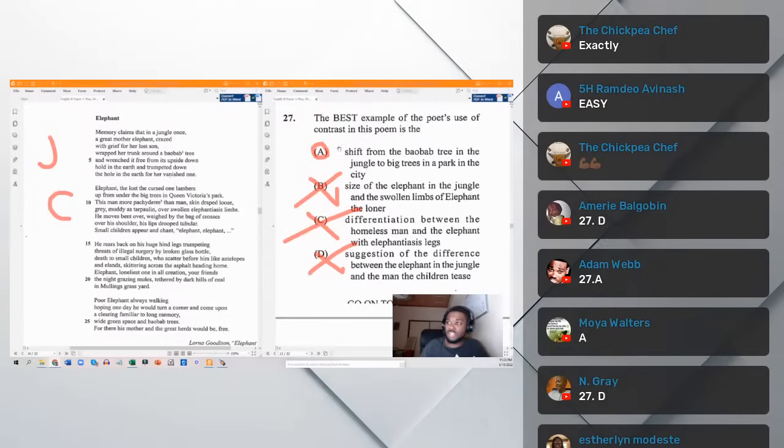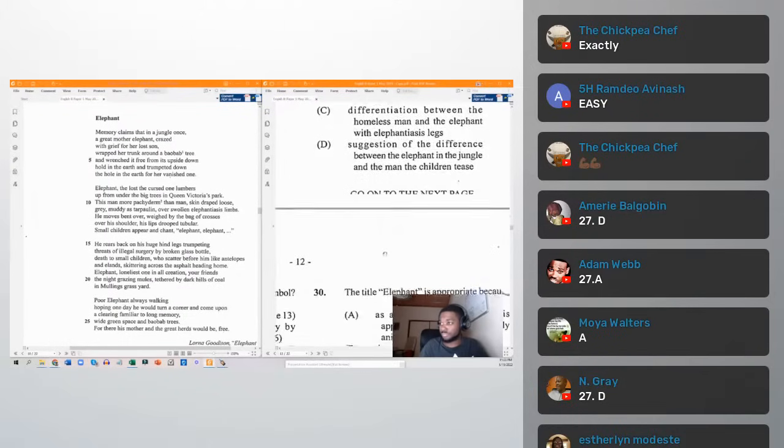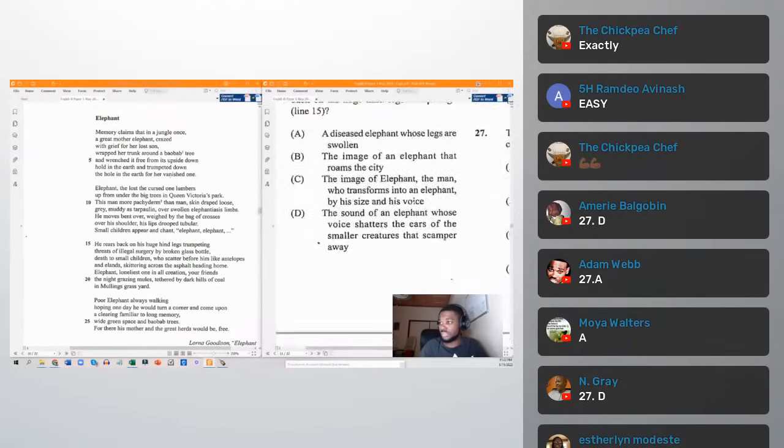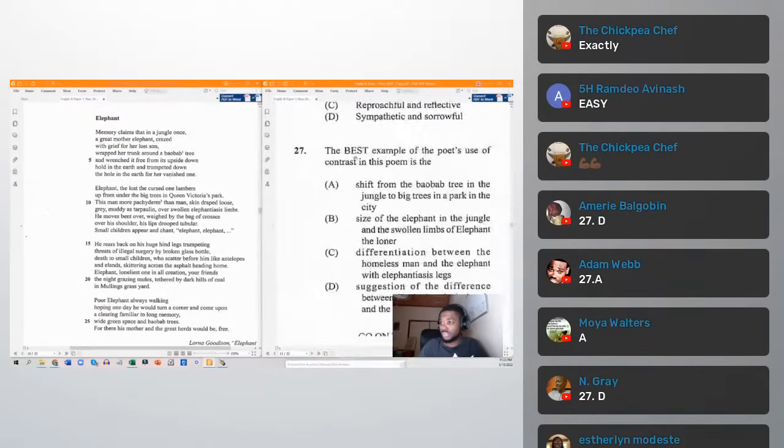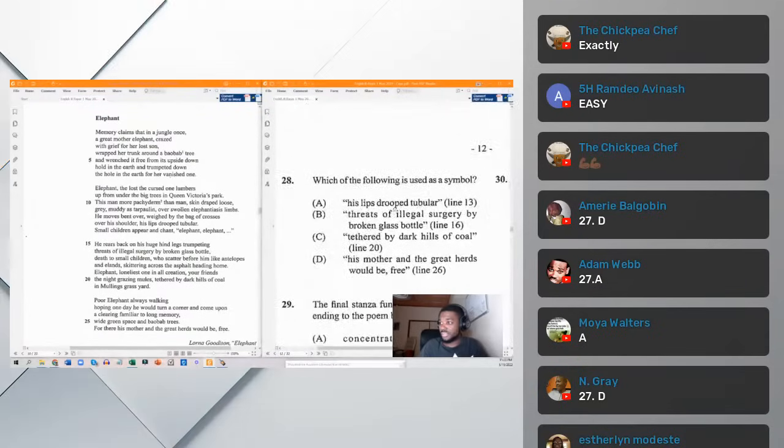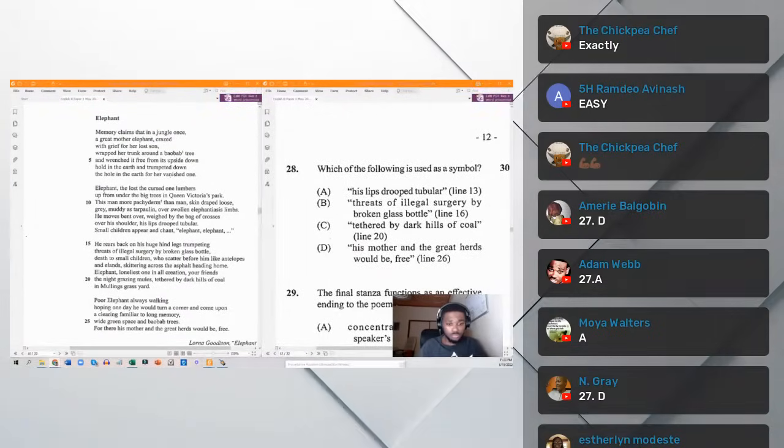So A is the only real contrast in the poem because we jump from jungle to city. All right, I think that's clear. Let's go on to 28. So 27 is A.